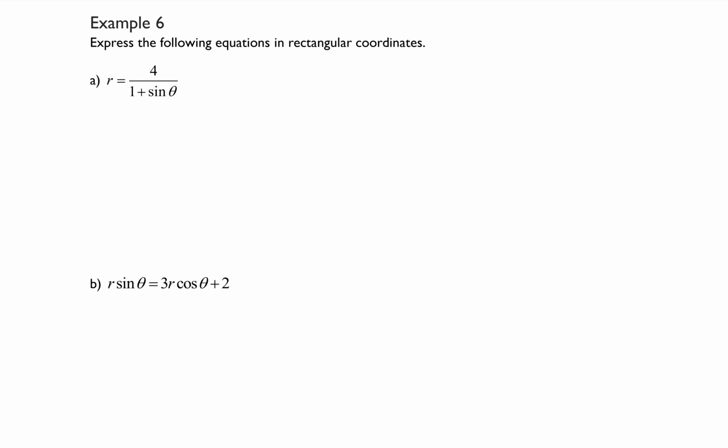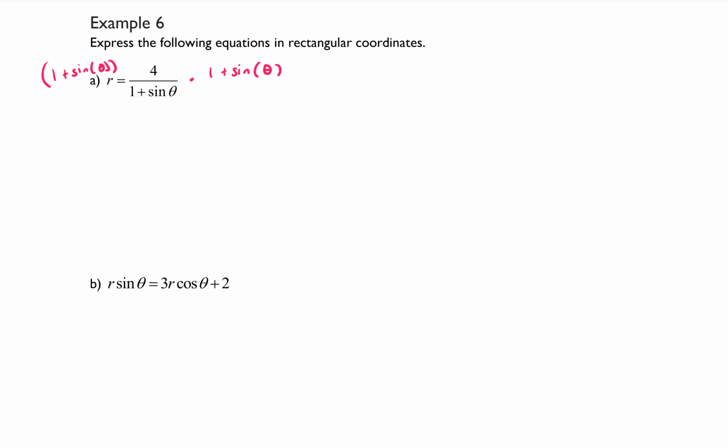Example 6 wants to express the following equations in rectangular coordinates. So we have in example A, r equals 4 over 1 plus sine of theta. I am going to take 1 plus sine of theta and multiply that to both sides of the equation.